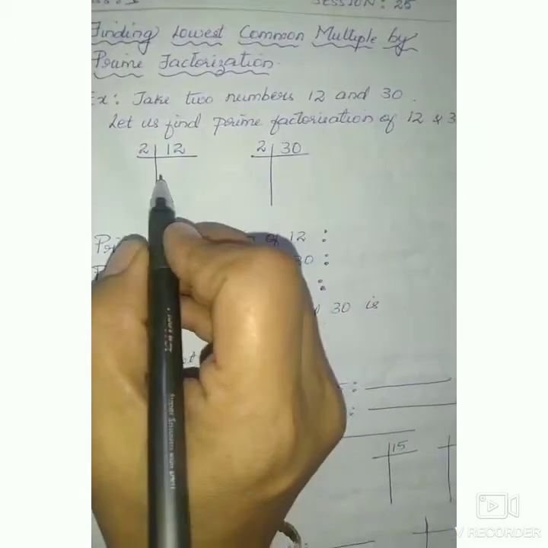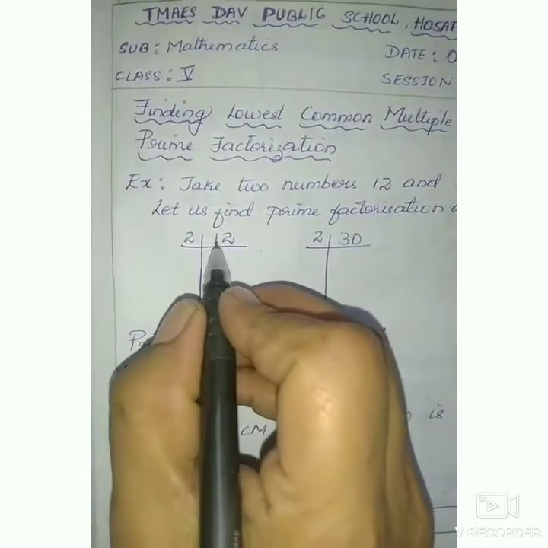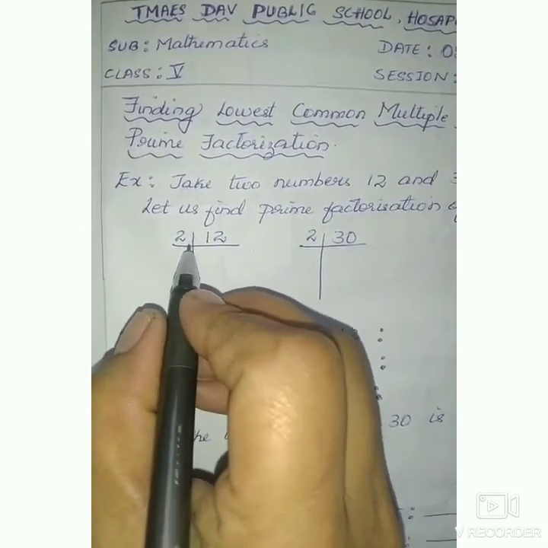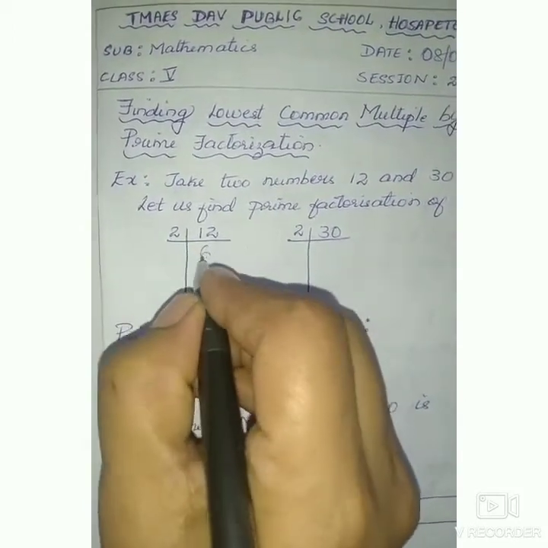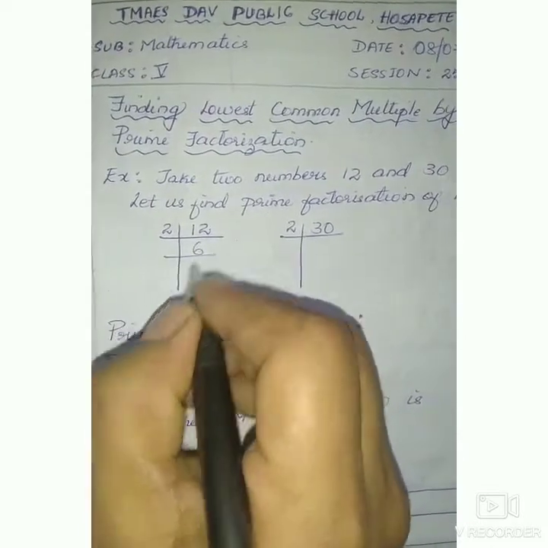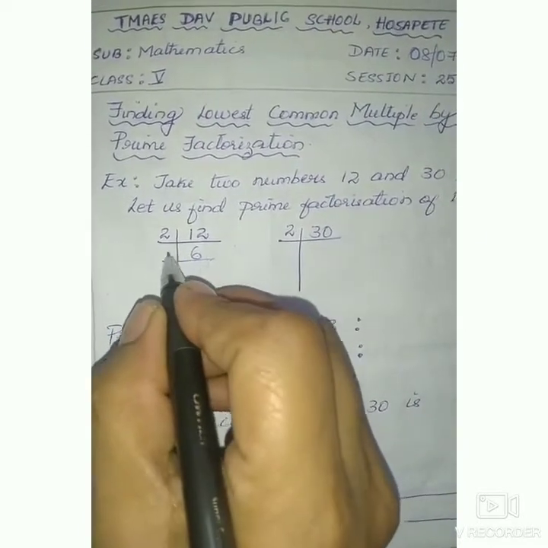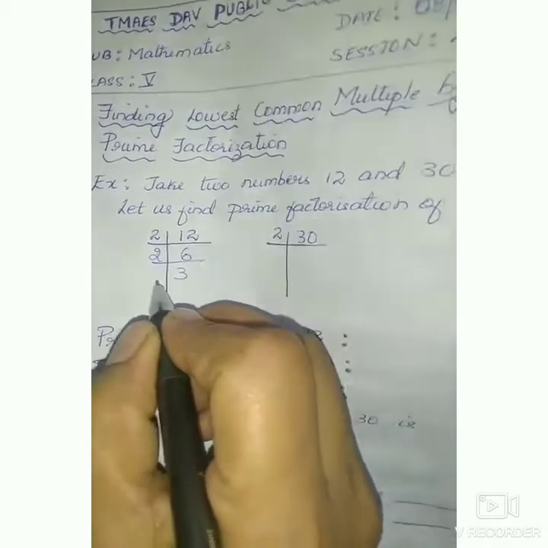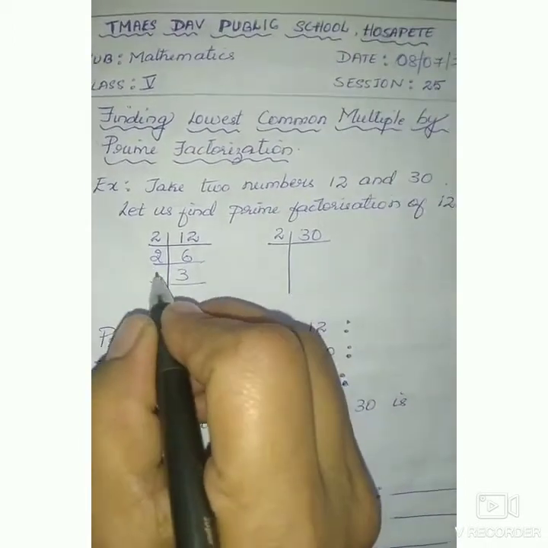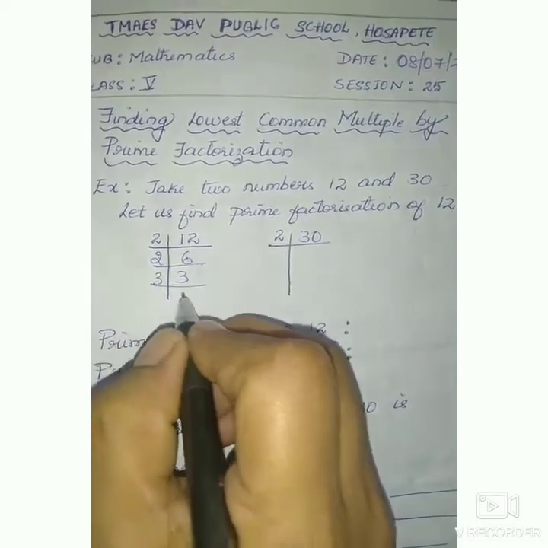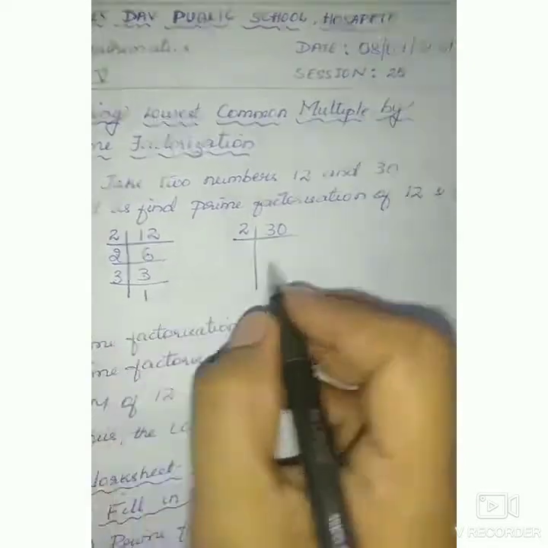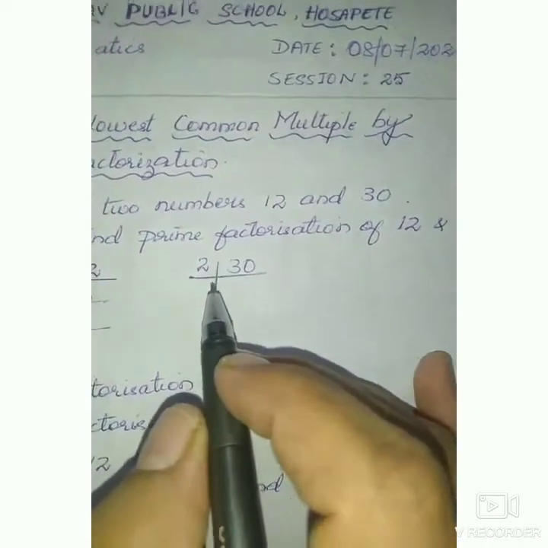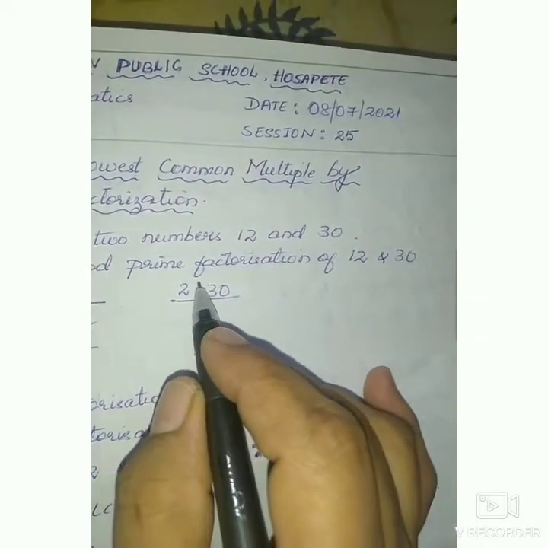Start with the smallest number 2. 2 sixes are 12. Next 6 is divisible by 2 again. 2 threes are 6. 3 is not divisible by 2, so take the next number 3. 3 ones are 3.